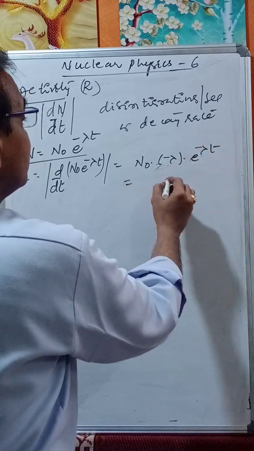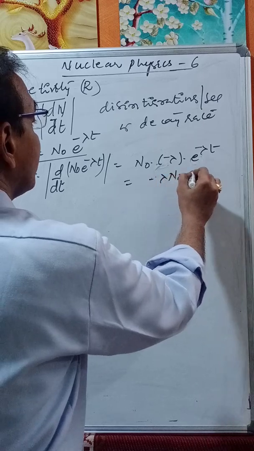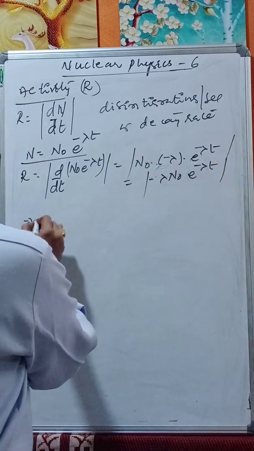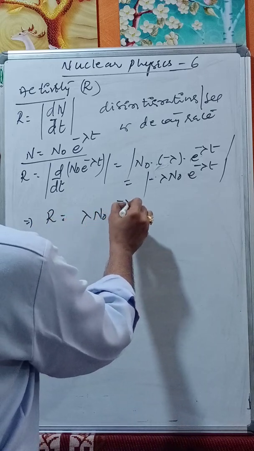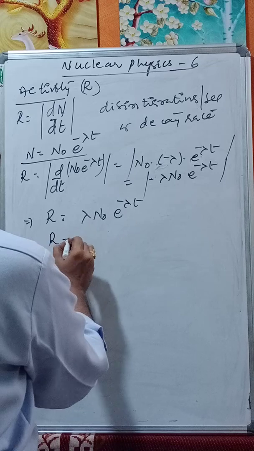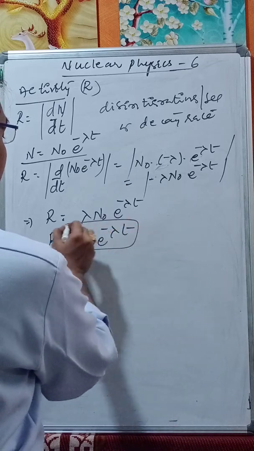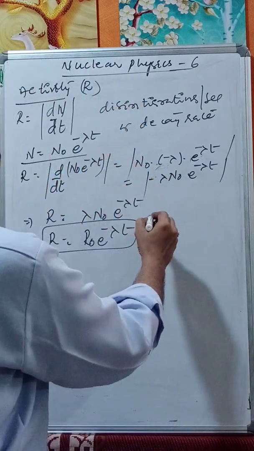Taking the magnitude, R is equal to lambda N naught e power minus lambda t, or R is equal to R naught e power minus lambda t. Remember, we are taking the magnitude.